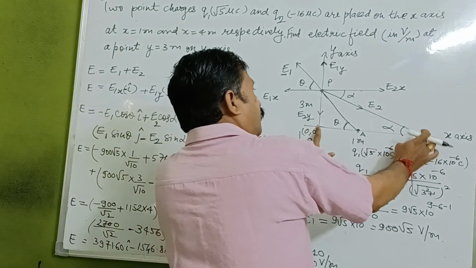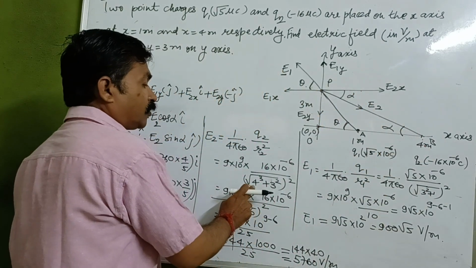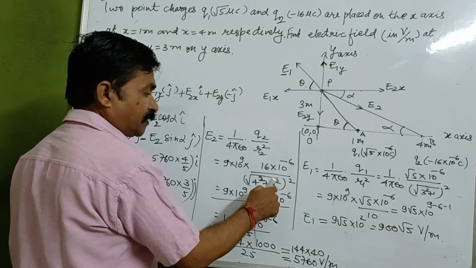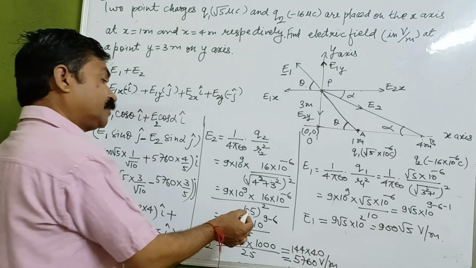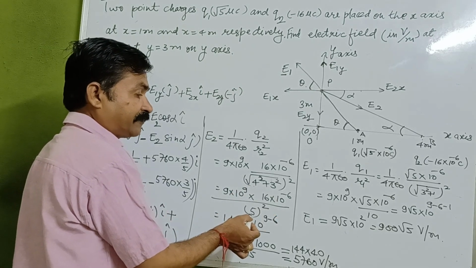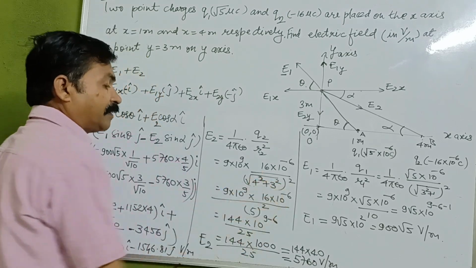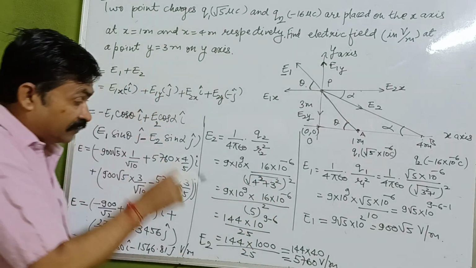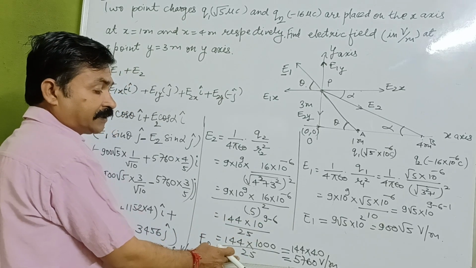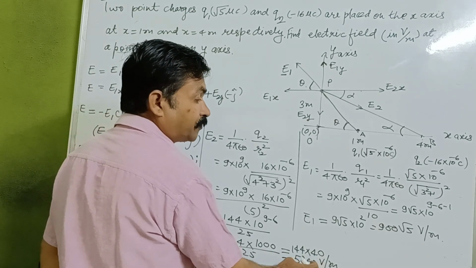This distance is 4 and this distance is 3, so we can calculate R2: 4 square plus 3 square gives 16 plus 9, that is 25, and 25 means 5 square. So finally we calculate 144 into 1000 divided by 25, so 5760 volt per meter.